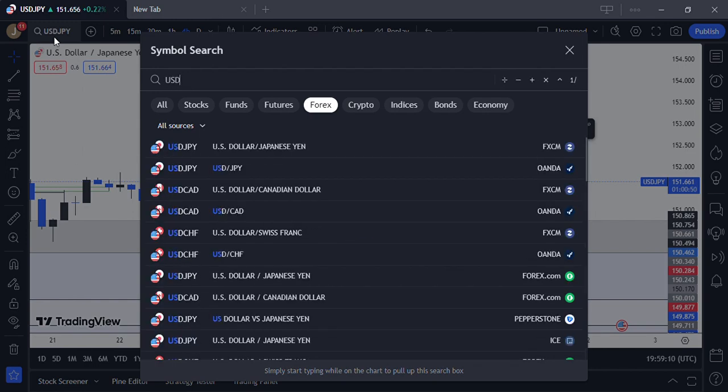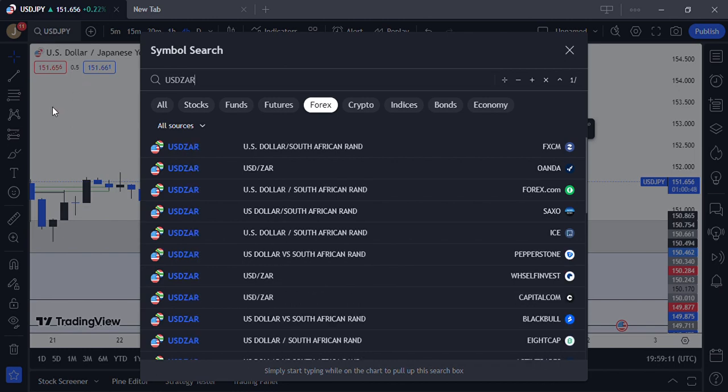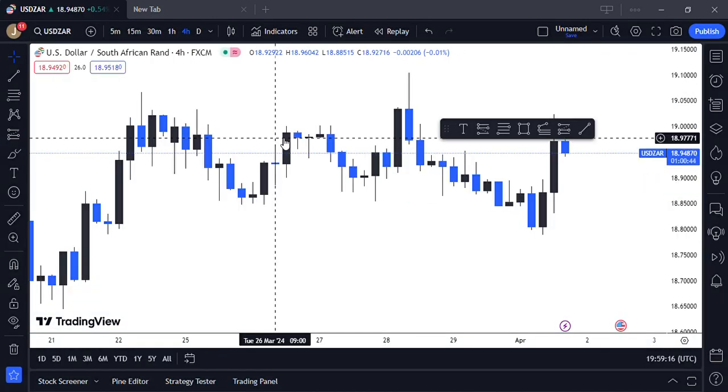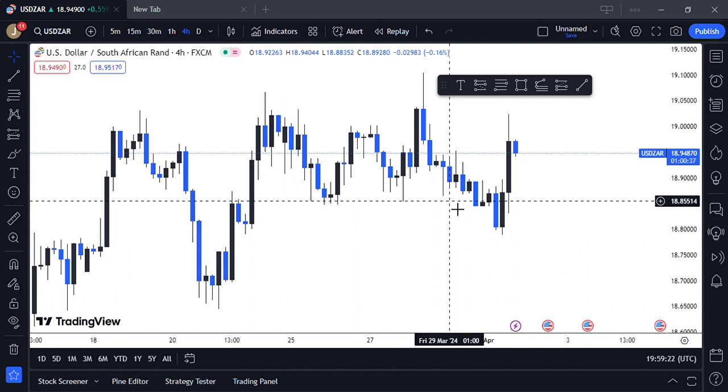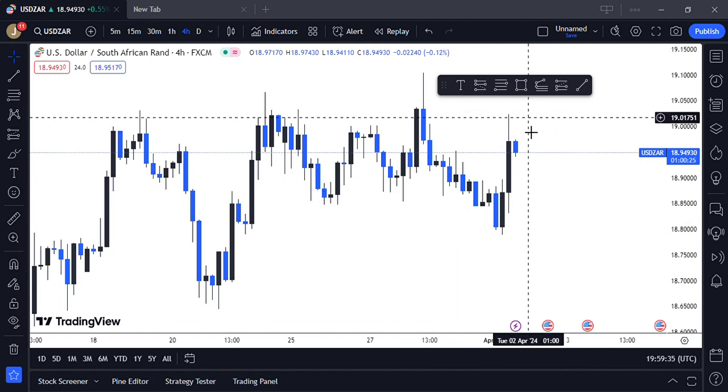I'm doing this so you understand something that's your own. I basically said that you have to predict where price is going to go. I told you if it goes up, it's a bullish movement.